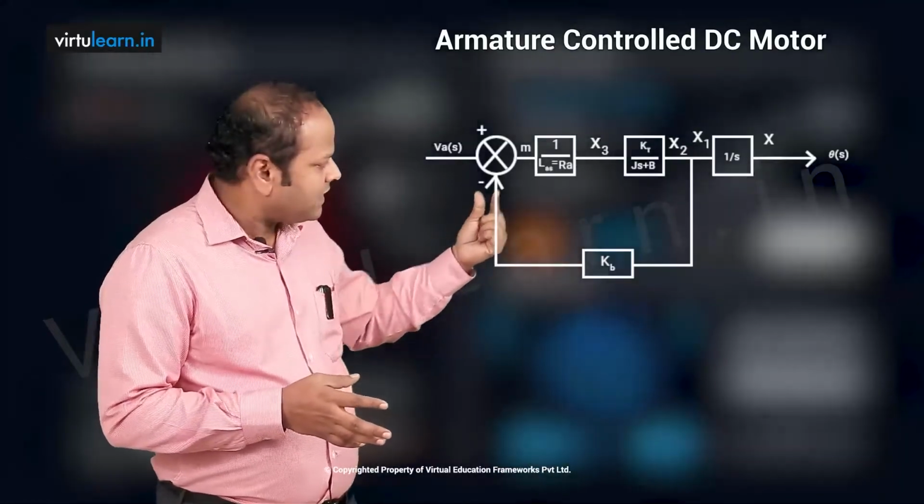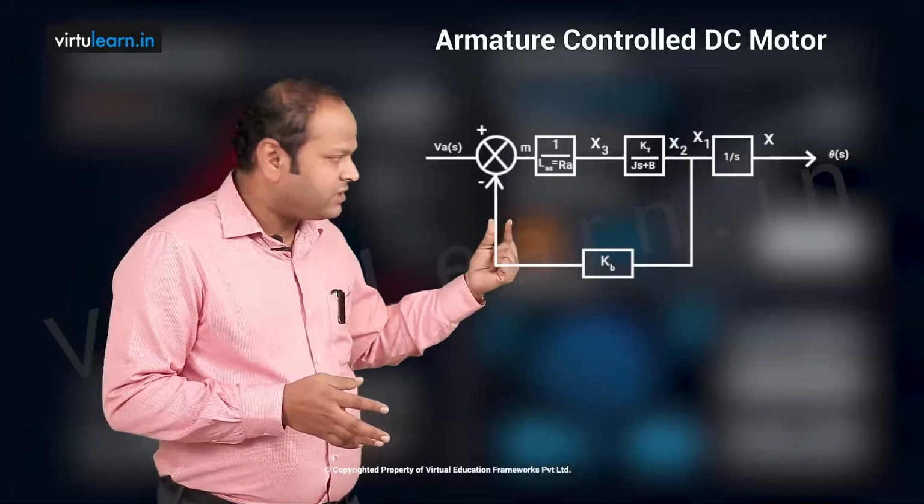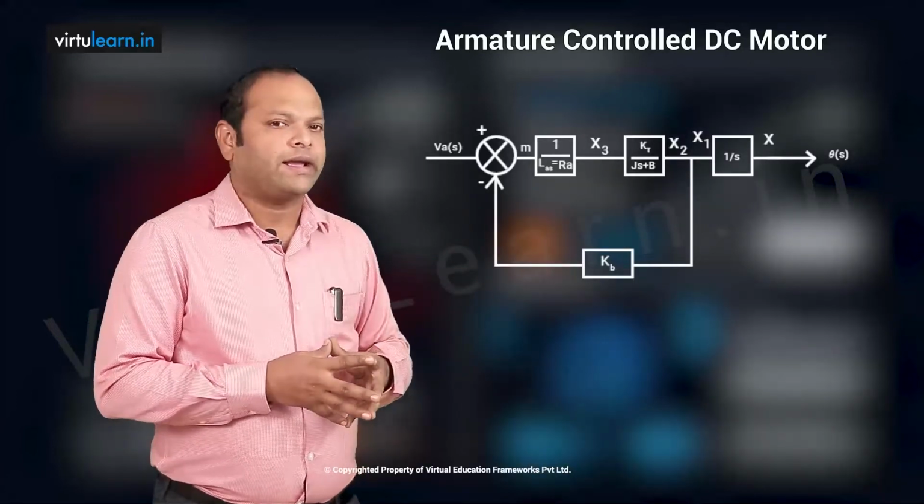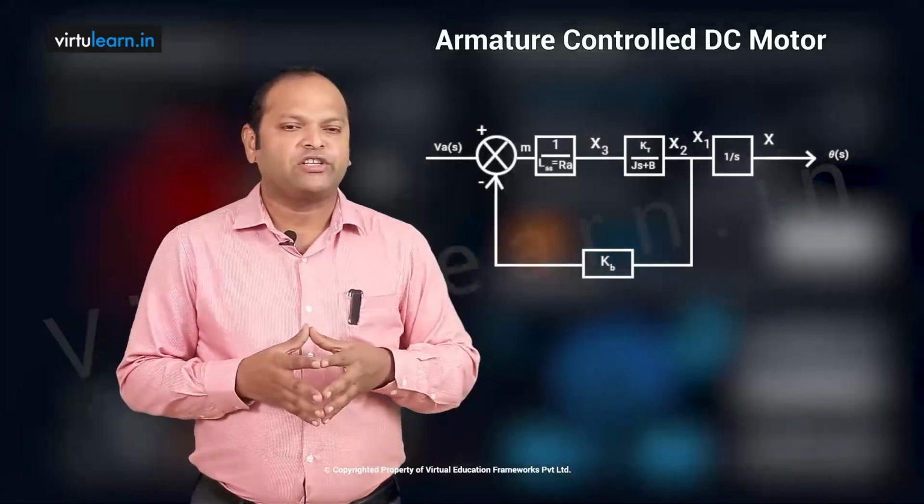So x2 dot is KT by J into x3 minus B by J into x2. This is the second equation.